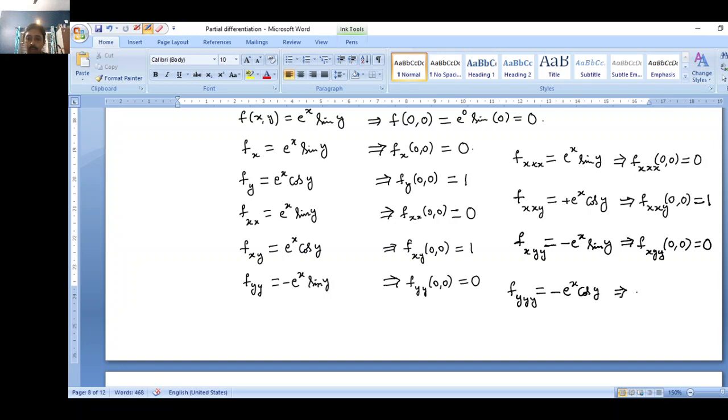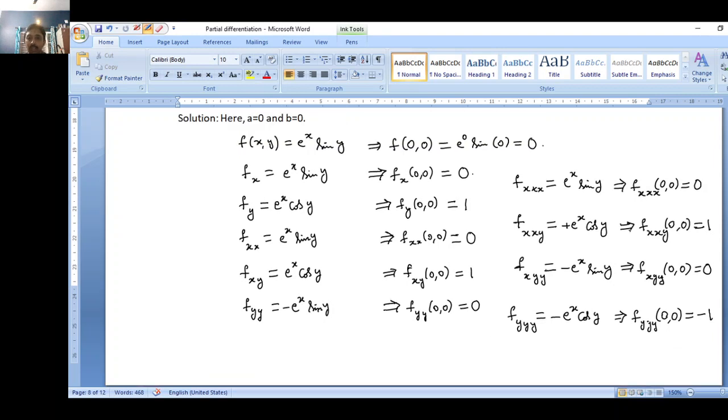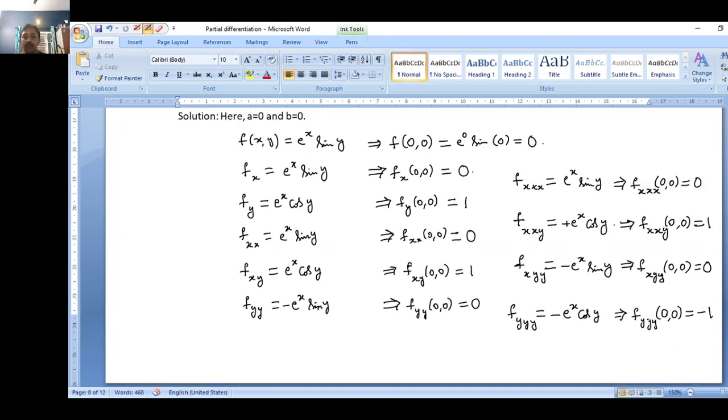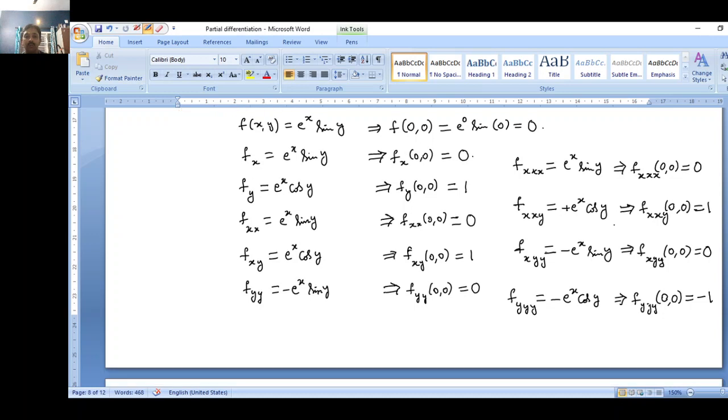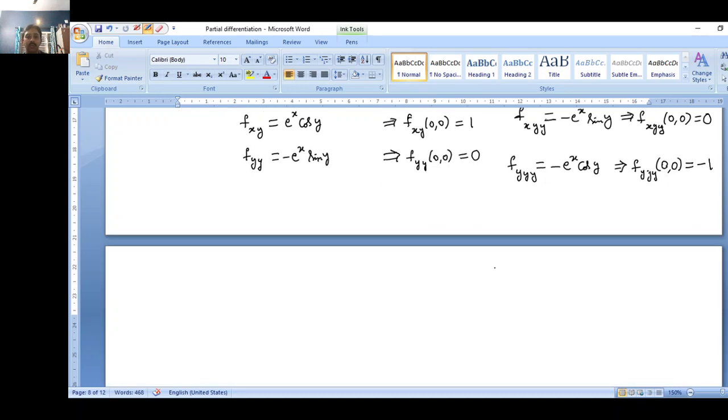And accordingly fyyy of 0 comma 0 is going to be minus 1. Okay, so now these are the partial derivatives that we have got. Accordingly, now I'll go for the expansion.